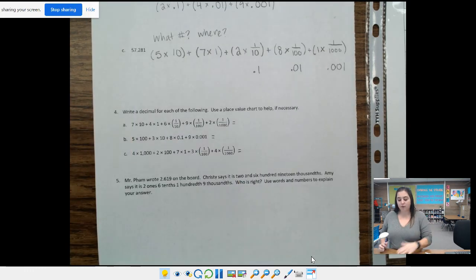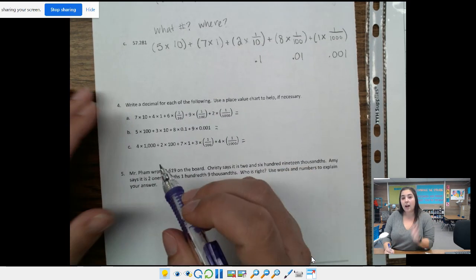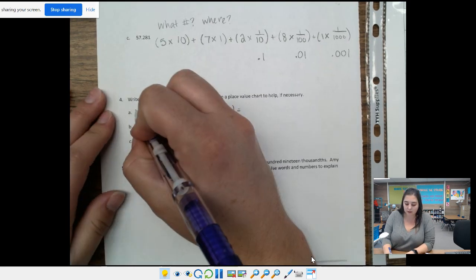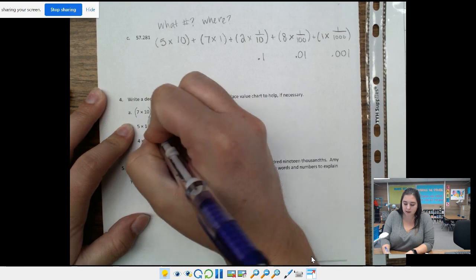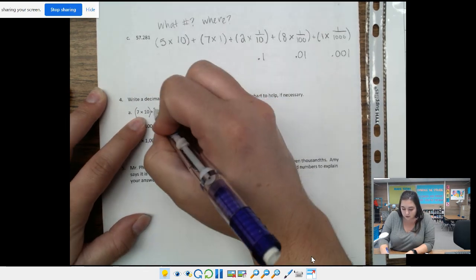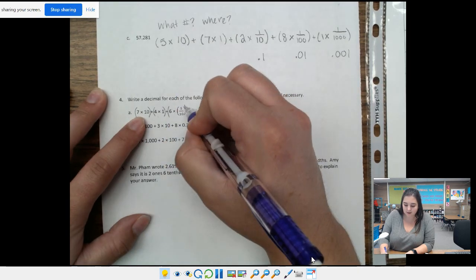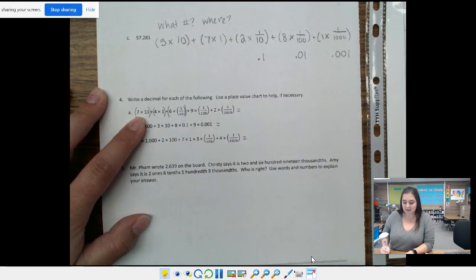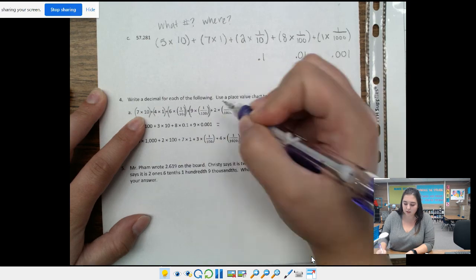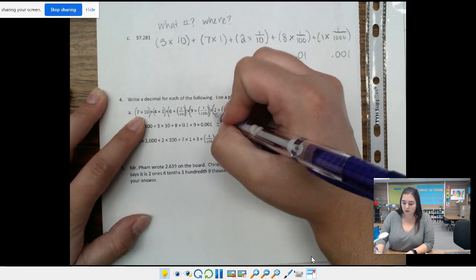Here's a little tip if you want to get working on this. I think it's helpful to think of these in parentheses. So I'm going to put the 7 times 10 in parentheses, the 4 times 1 in parentheses, the 6 times 1/10 in parentheses, the 9 times 100th in parentheses, and the 2 times 1,000th.